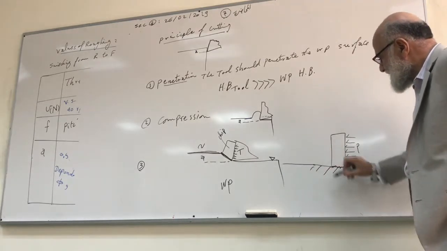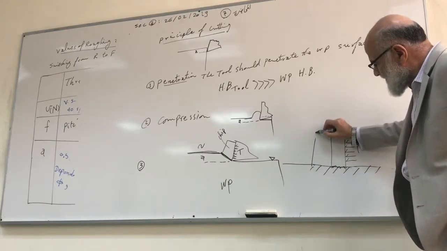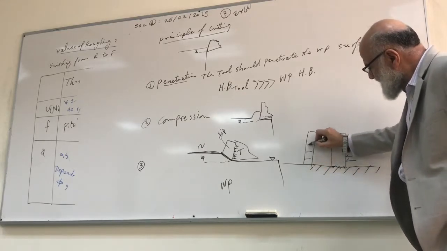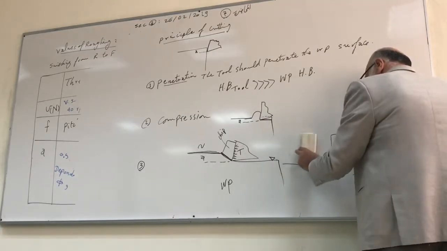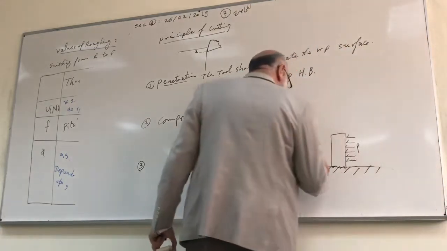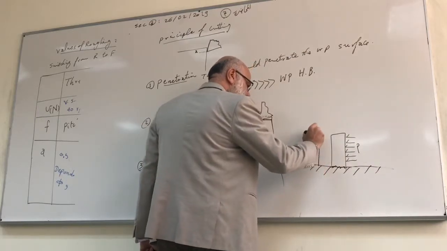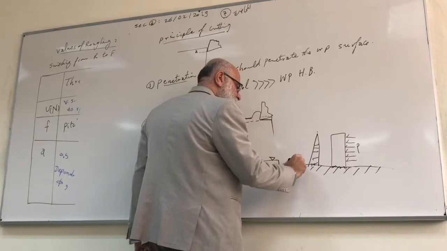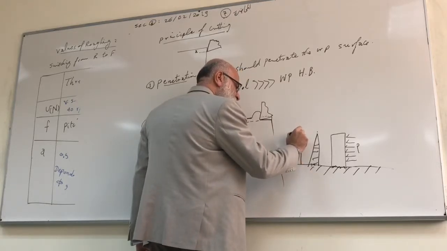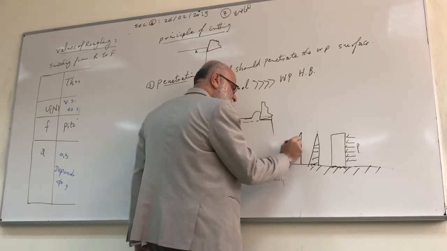If we say the shear force distribution is constant, no, it is not constant. It starts from 0 and ends at maximum. This is the shear stress, and the bending moment will also be like this.